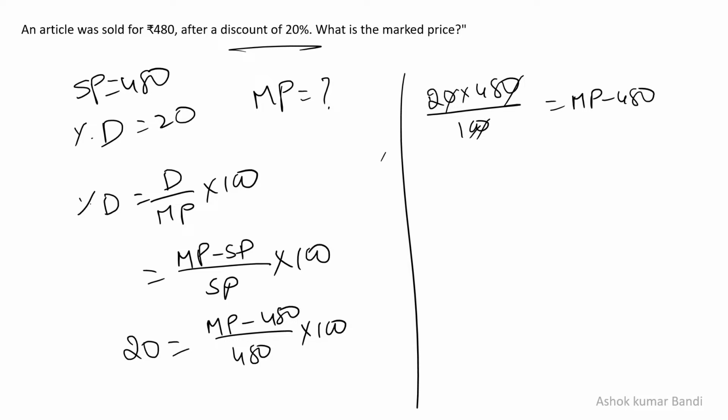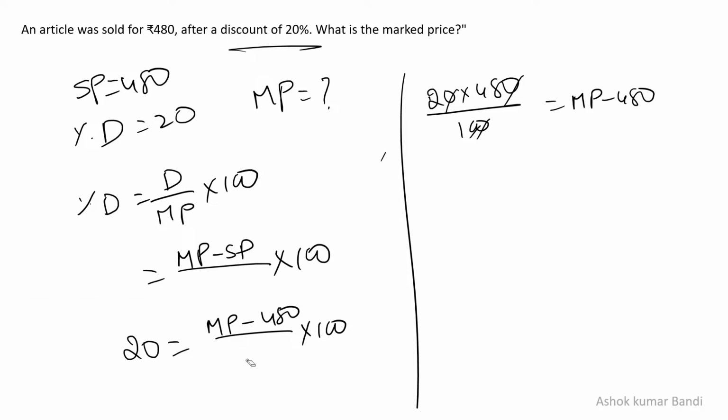You are getting 20% discount, and 20 into 480 by 100 equals MP minus 480. So how much are you getting here? 96. Sorry, here I have written selling price instead of market price.